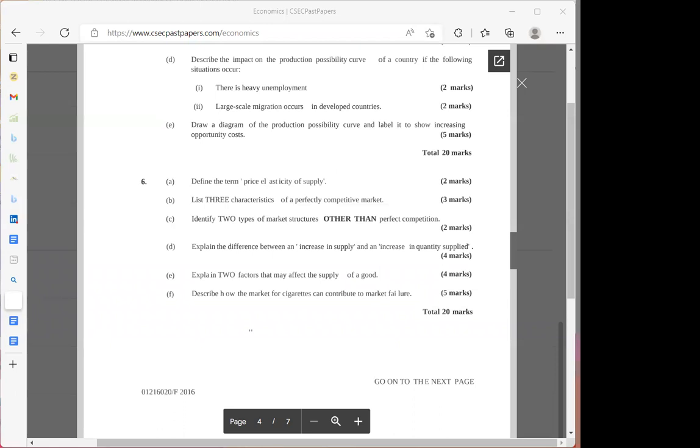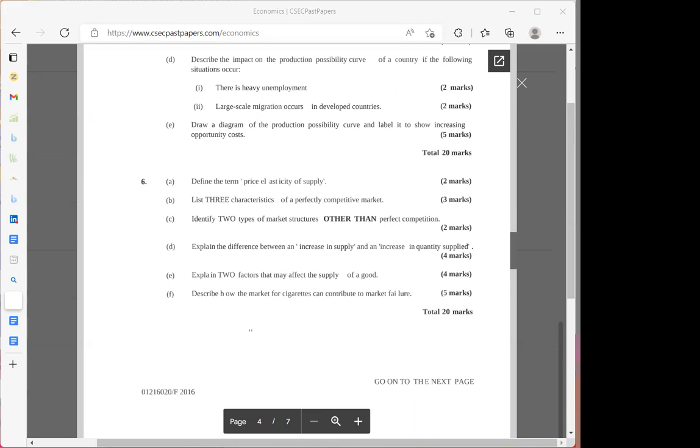We have cost of production, technology, subsidies, climate. There's also the gestation period, number of consumers, though that is a demand thing, right? Number of producers could be a point, right? Number of producers. Anyway, so you need to explain those points.